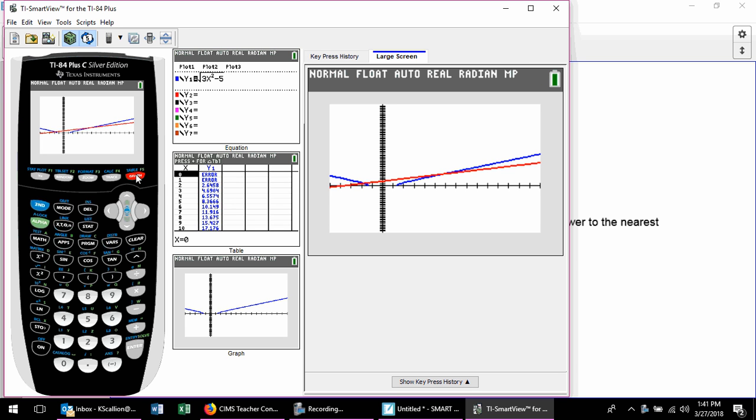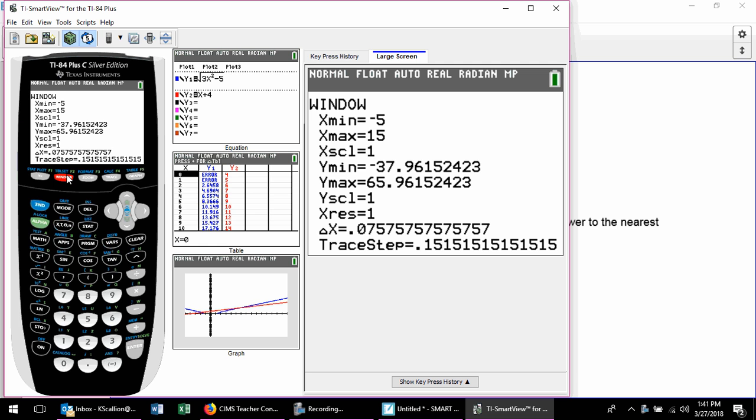Actually, not a terrible window. I think I might change my window just a little. My x minimum, I don't think I need that, so I'll make it 10.